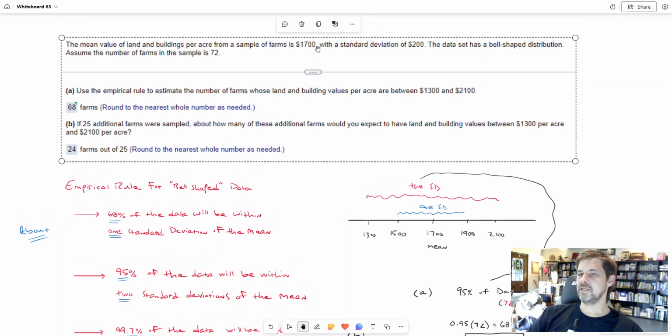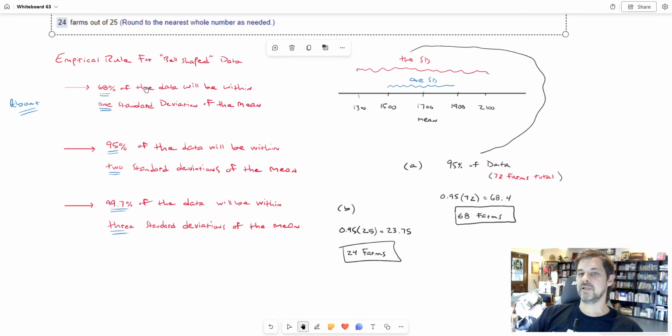I know that the mean is 1,700 and the standard deviation is 200. So first, what does it look like to be one standard deviation of the mean or two standard deviations of the mean, and so on? I have a number line here and I put the mean right there, 1,700. Here's what one standard deviation from the mean looks like.